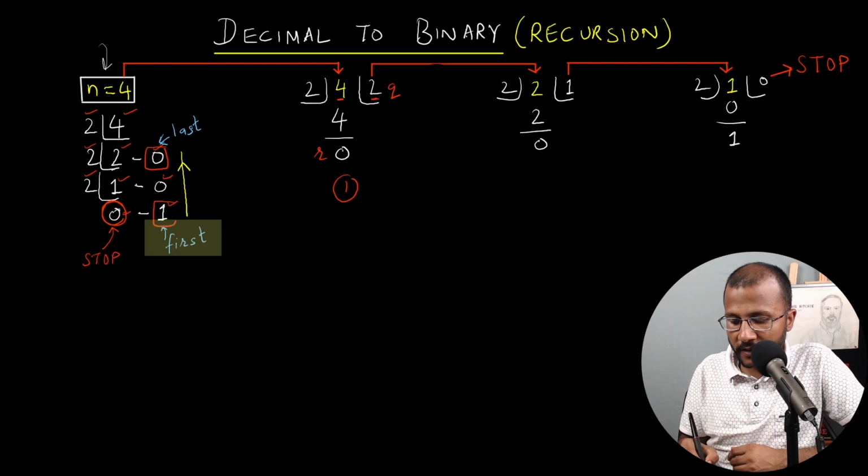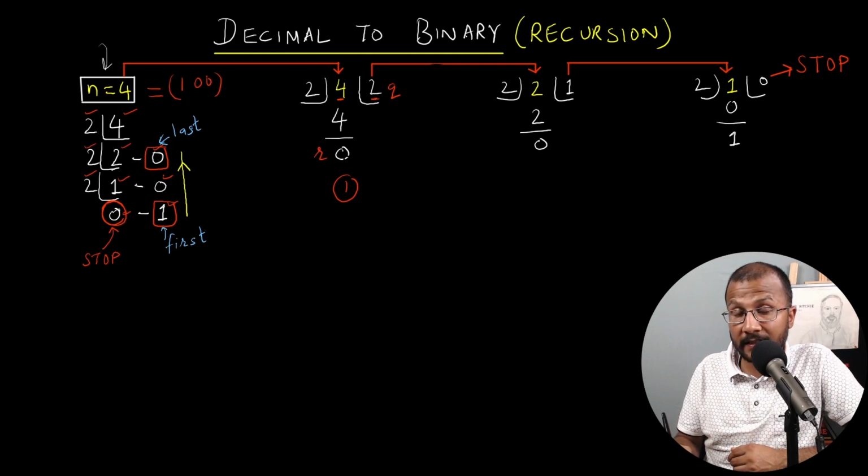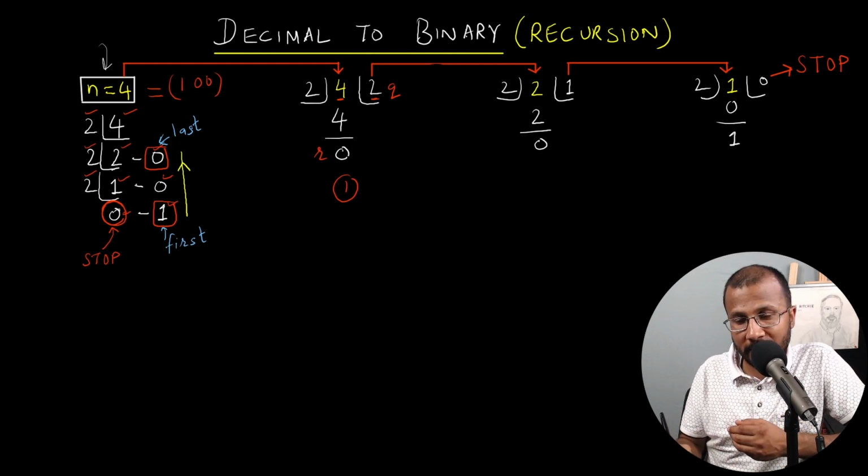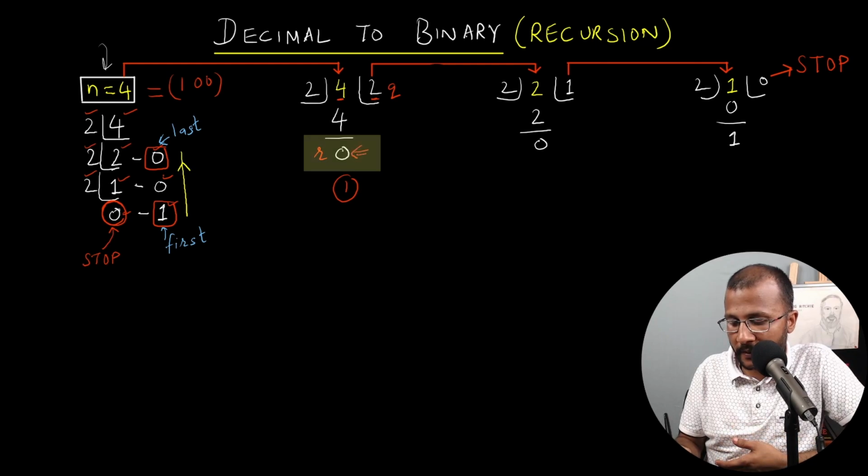This 1 is the first number to be printed, and this 0 is the last number to be printed. So the binary of the number 4 is 1, 0, 0. So the first remainder that I get should be the last value to be printed.